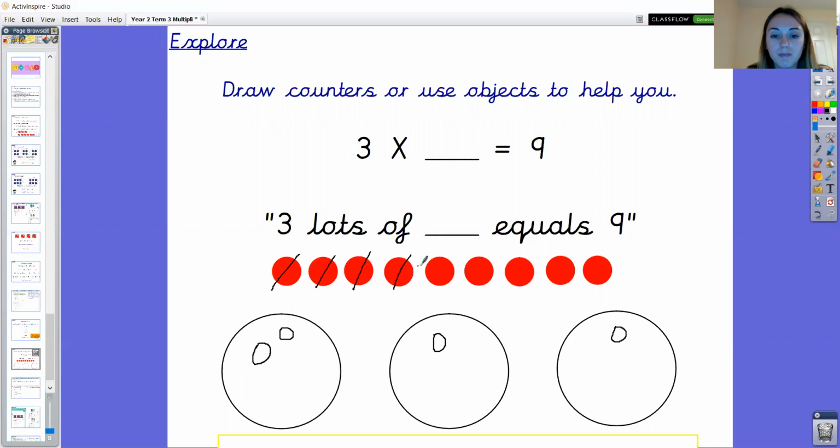I'm trying my best. There we go. So I'm crossing one out and drawing it. Oh, that's not very good, is it? Let's try that one again. And join my circle up. There we go. I wonder how many counters will be inside each equal group.